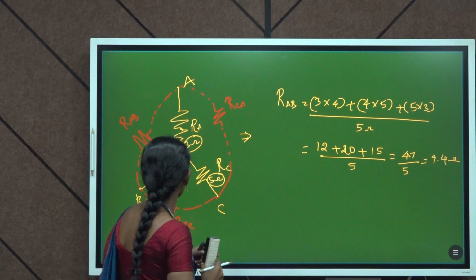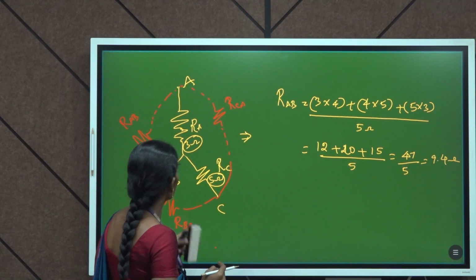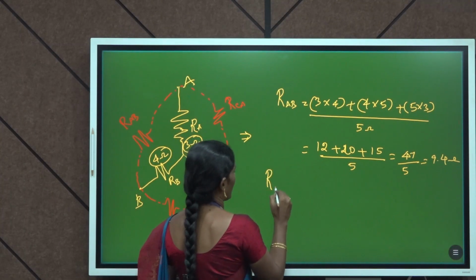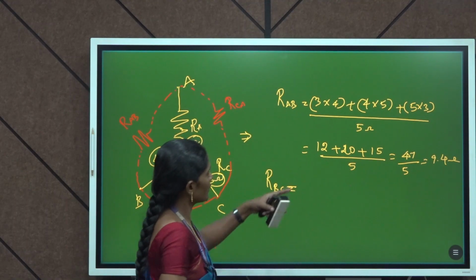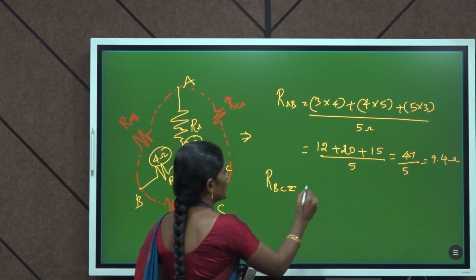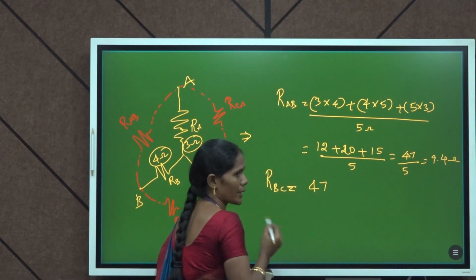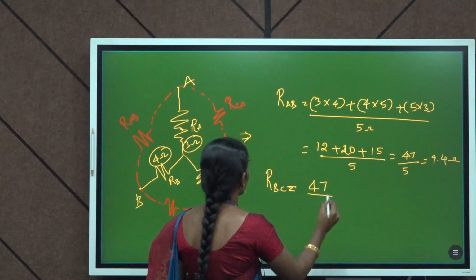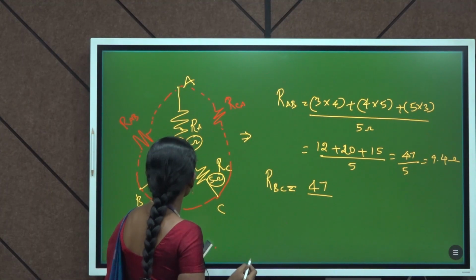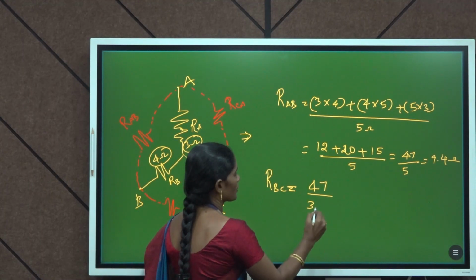In the same way we can find RBC as well as RCA. For RBC we use the same circle, so the numerator value 47 is the same for RBC as well as RCA. The opposite resistance for RBC is 3 ohm.